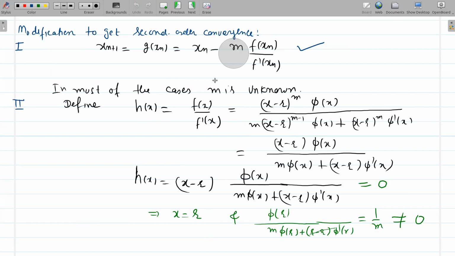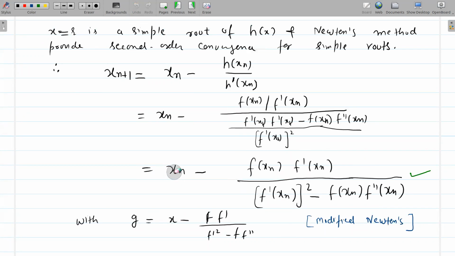Let's take the first example. I am saying again and again, if you know m, then it's better to apply this formula to reduce your calculation. And if you don't know m, then you don't have any choice; you have to apply this formula. So in the first problem, I am giving you m. Let you have an equation f(x) equals e power x minus 1.